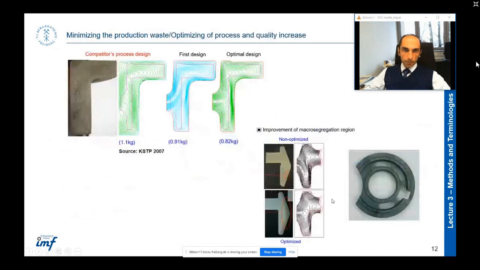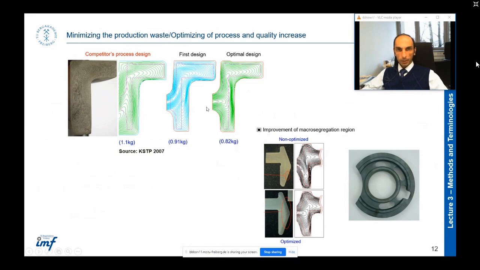These are 2 other examples of how simulation and FEM can help. This is the metal flow lines in a specimen. In the first design, the weight of the specimen is 1.1 kilogram, and then by simulation and checking the metal flow lines, they could conclude that they can remove this part and it does not harm the quality.